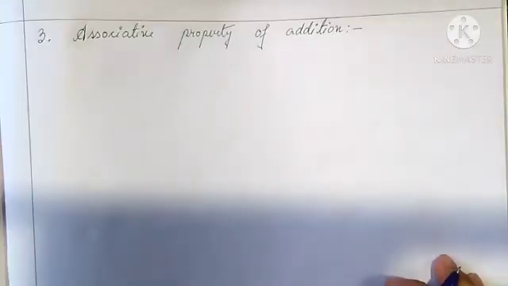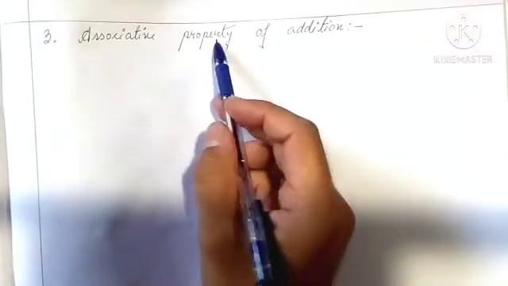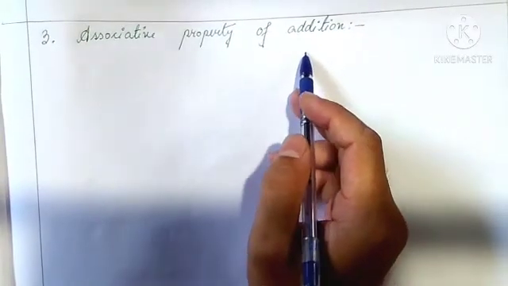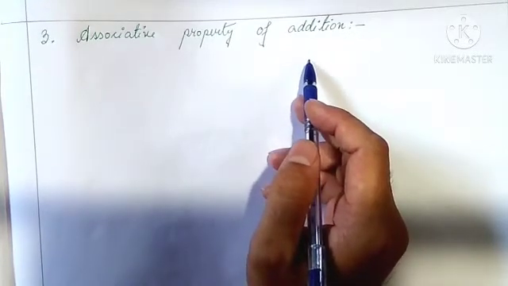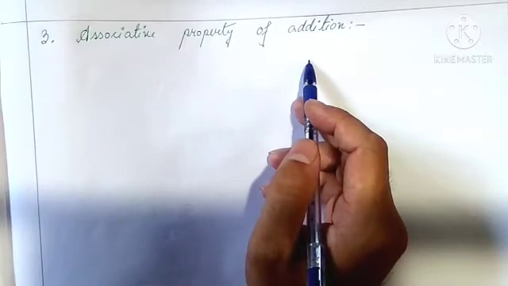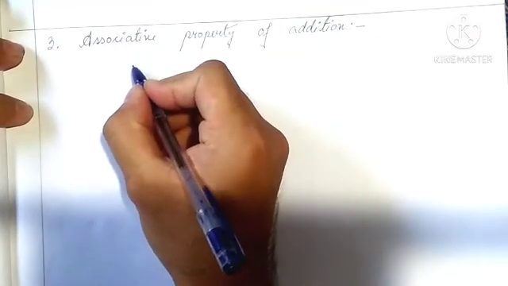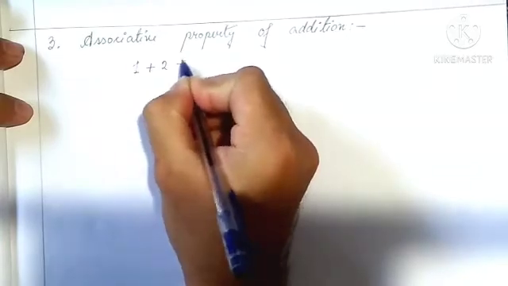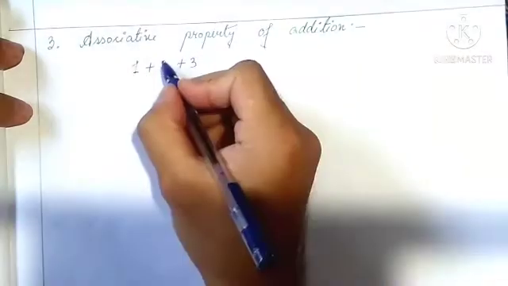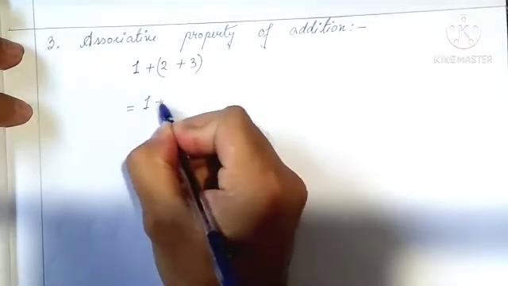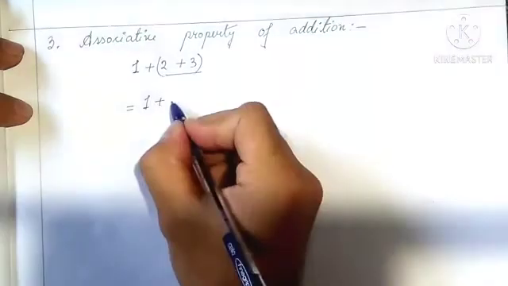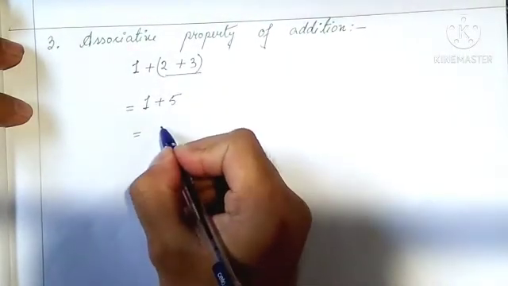Understood? So students, next we have the associative property of addition. Do you still remember the associative property of addition? It states that the result of the addition of three or more numbers remains the same irrespective of their grouping, right? Let's take any three numbers. I will take 1, 2, and 3. Let us group 2 and 3 first and find the result. So 1 plus the sum of 2 and 3, which is 5, and the sum of 1 and 5 becomes 6.